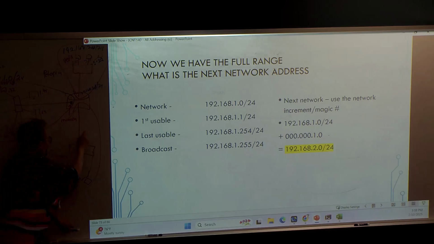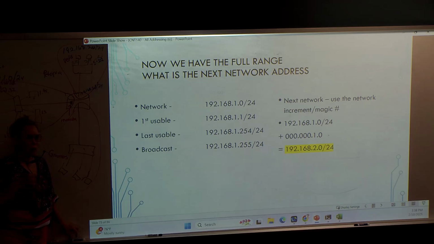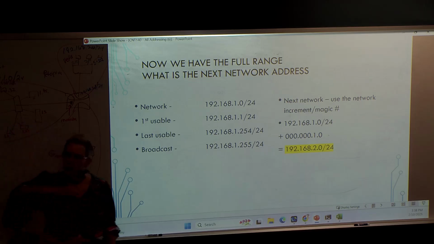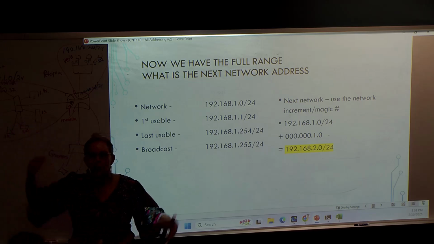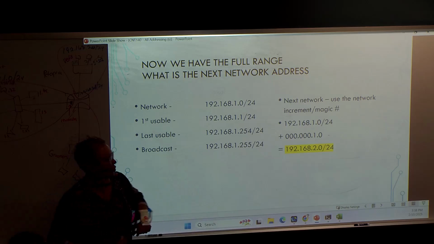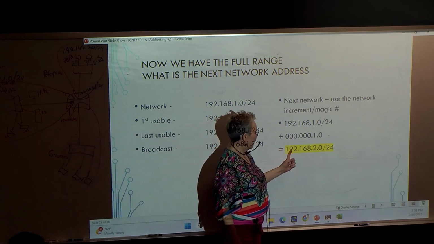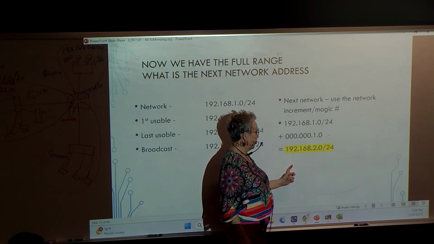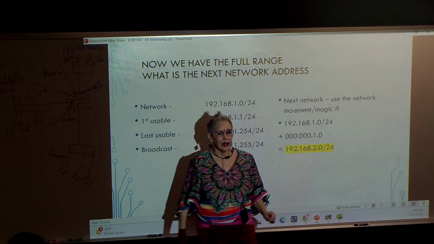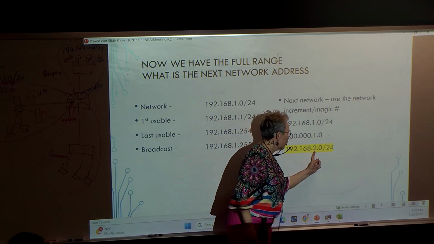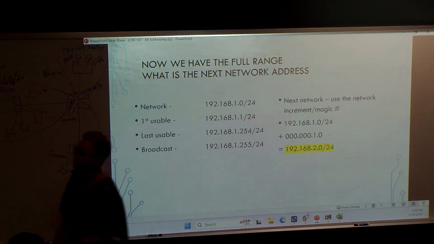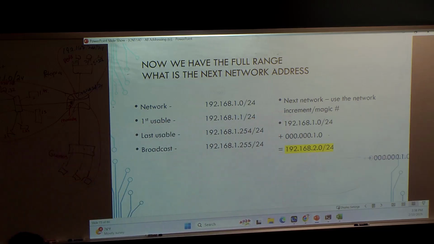Now I need another one. I need the groomers. What's the magic number? What octet am I in? 3. So do I add anything to 192? Do I add anything to 168? What do I add to the 3rd octet? I add 1 to the 3rd octet. What is my next network address?